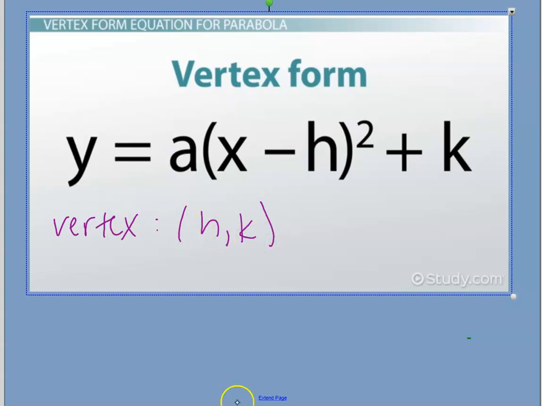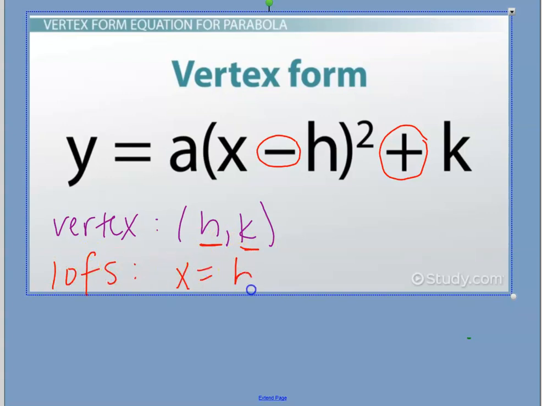Now, the big piece here is that we're going to really have to pay attention to the minus sign and the plus sign because that's going to change those values of h and k. Our line of symmetry is going to be x equals h because our vertex always lies on our line of symmetry. And that a is still going to control whether it opens up for a positive a value or down for a negative a value.